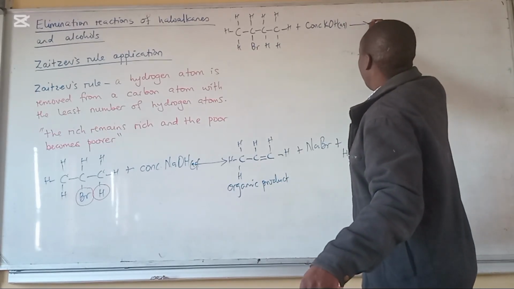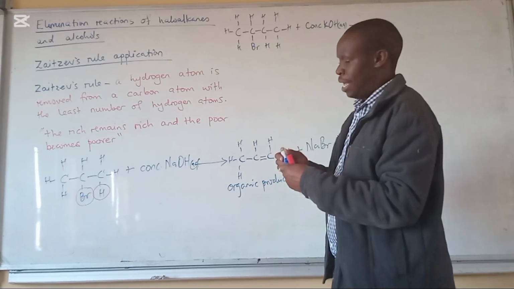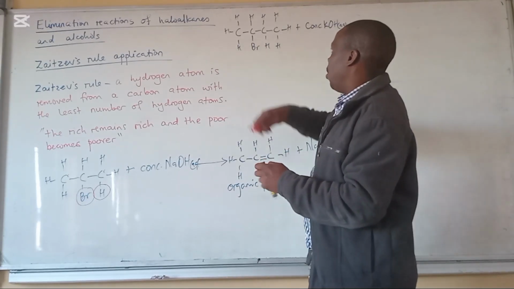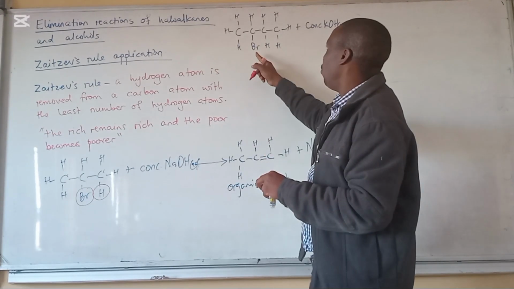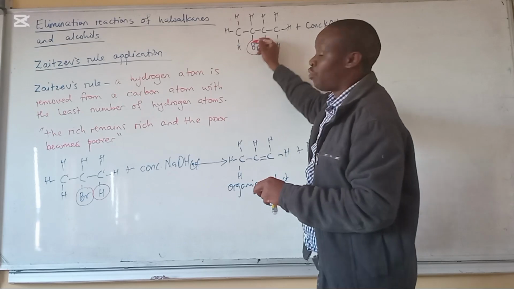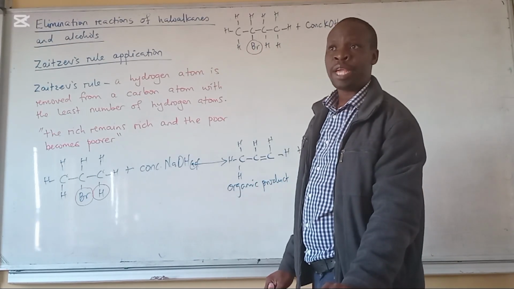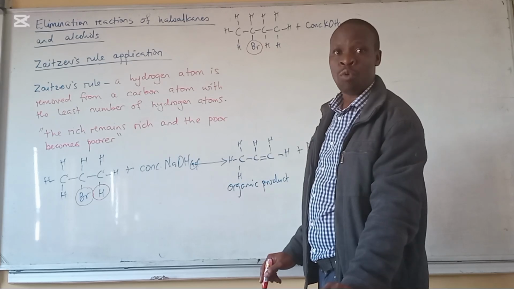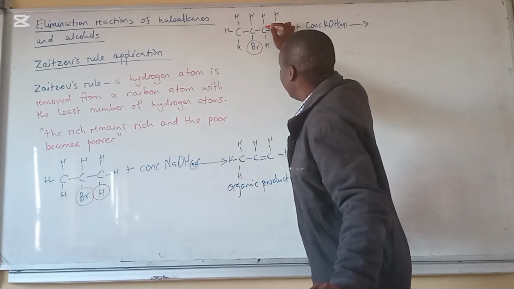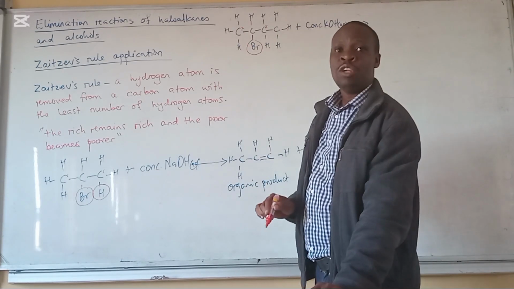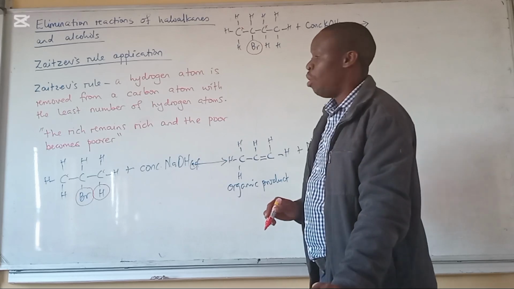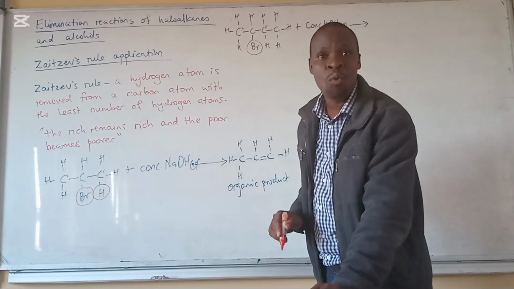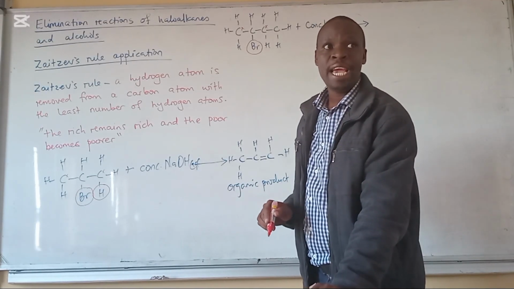So now looking at our compound, bromobutane, the bromine is going to be eliminated. The two carbon atoms adjacent to the carbon atom holding the bromine are this one and this one. So we have to consider which one is poor in hydrogen atoms.